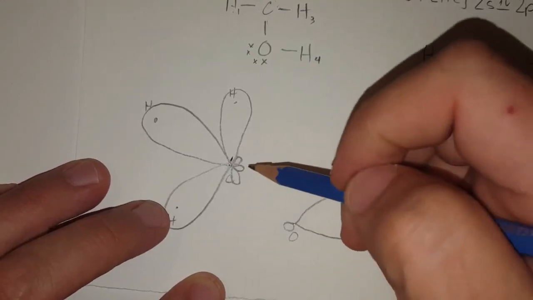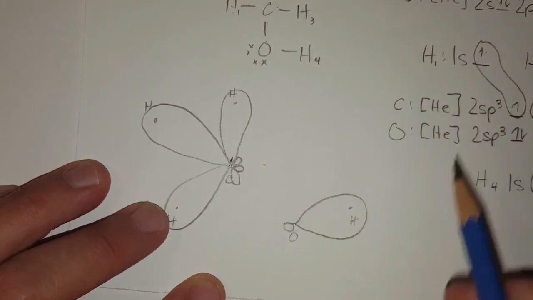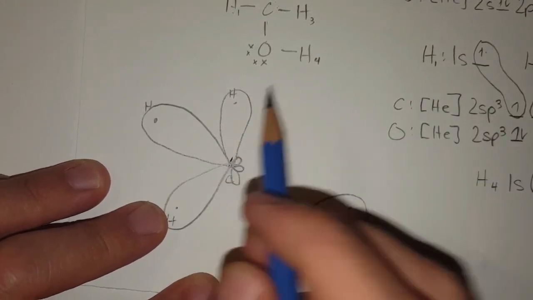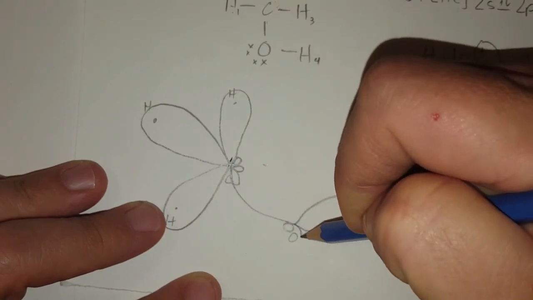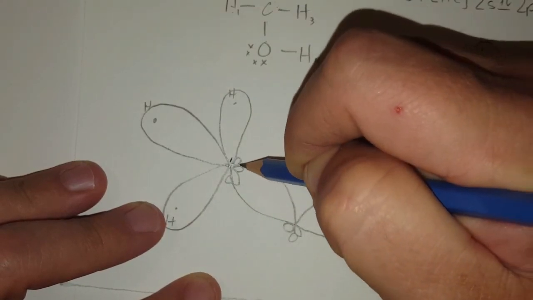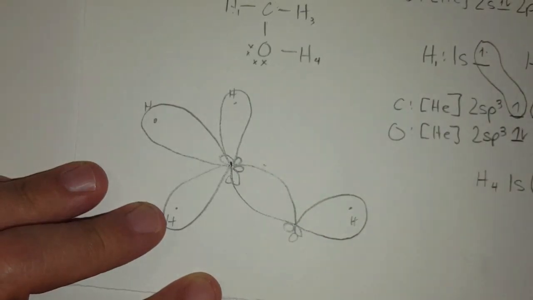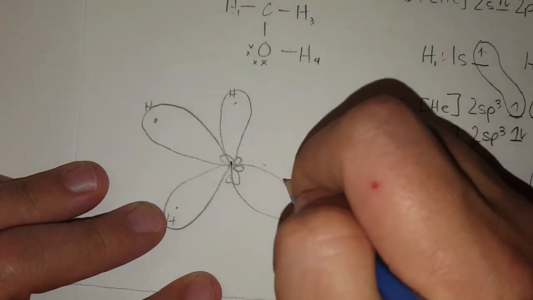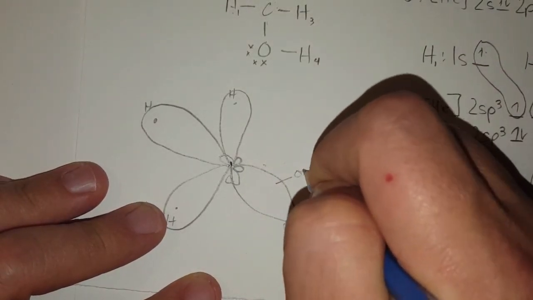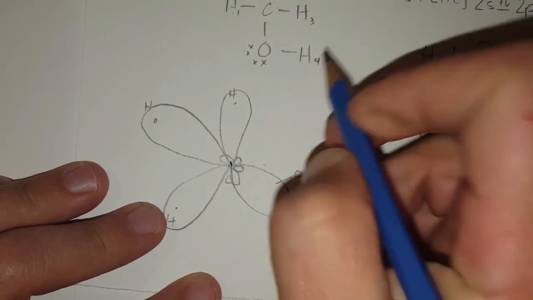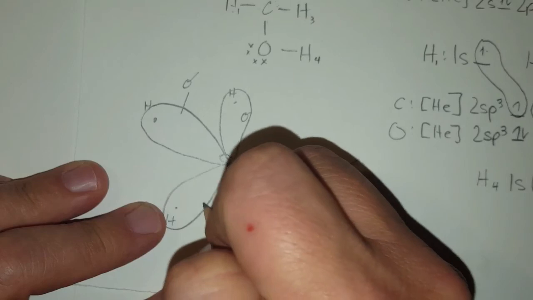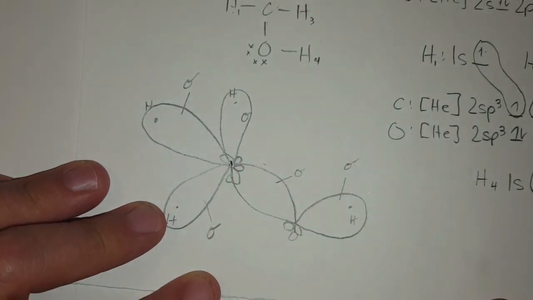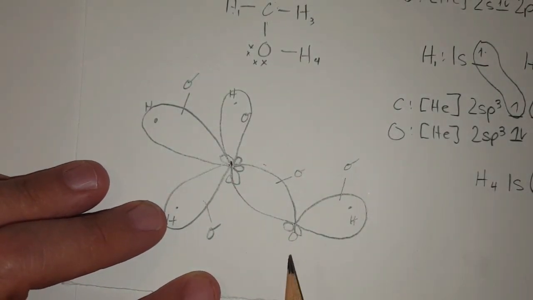And then my last one, between the carbon and the oxygen, will be a hybrid with a hybrid. So it would look like that. Then I could even go so far as to label all of these as sigma bonds, as they're due to the end-to-end overlap of two orbitals.